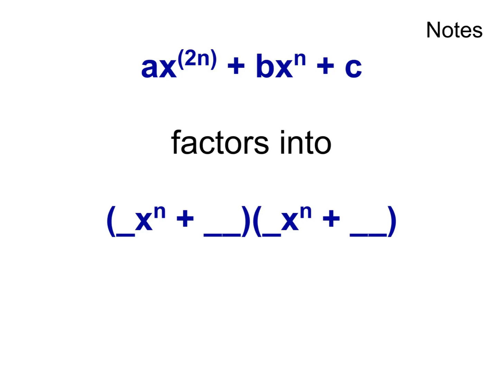And when we factor it, it's going to follow the same rules as when we factored quadratics. So that's really the upshot here. And when we do that factoring, the exponents within the factored form are the same as the exponent that's in the middle of the equation. That is half of the biggest exponent.